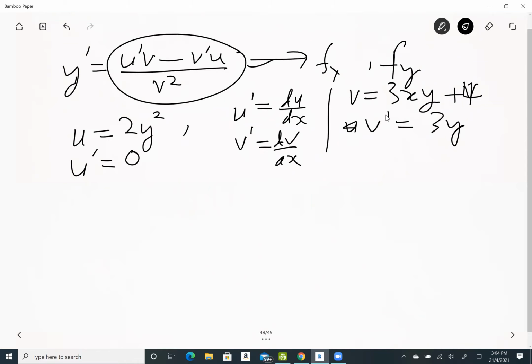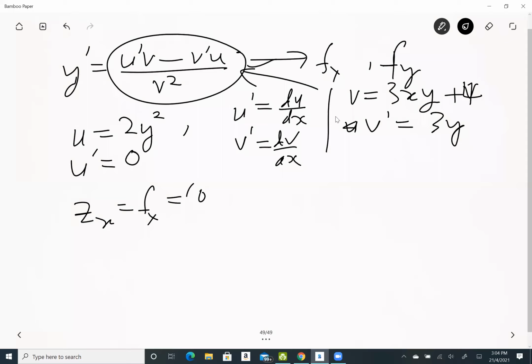So now you got this, you put it into the formula. The formula for zx equal to fx equal to u prime v.